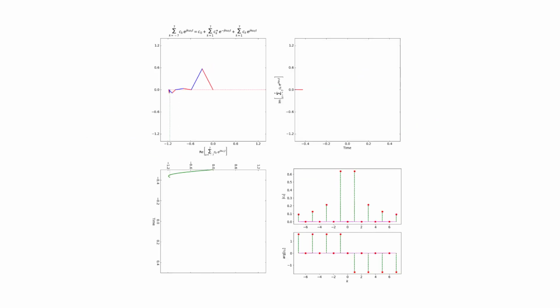Let us have a look at this new animation and this new interpretation. First, as you can see in the line spectrum, the property ck conjugate is c minus k, because the magnitude of ck is an even function of k, whereas the argument of ck is an odd function of k.